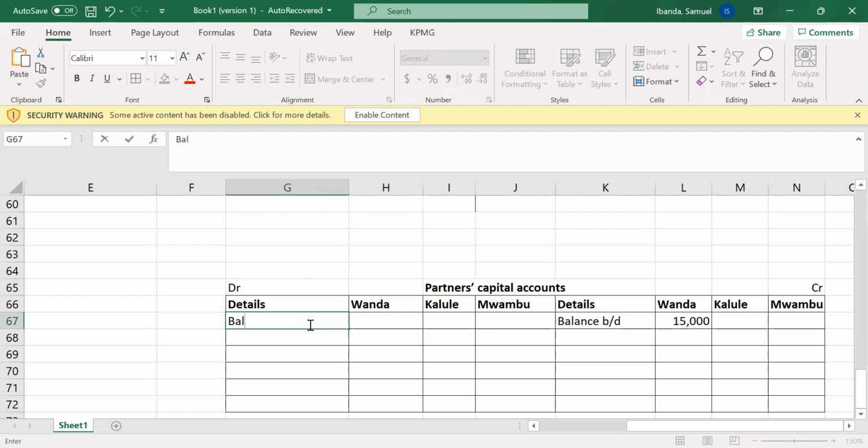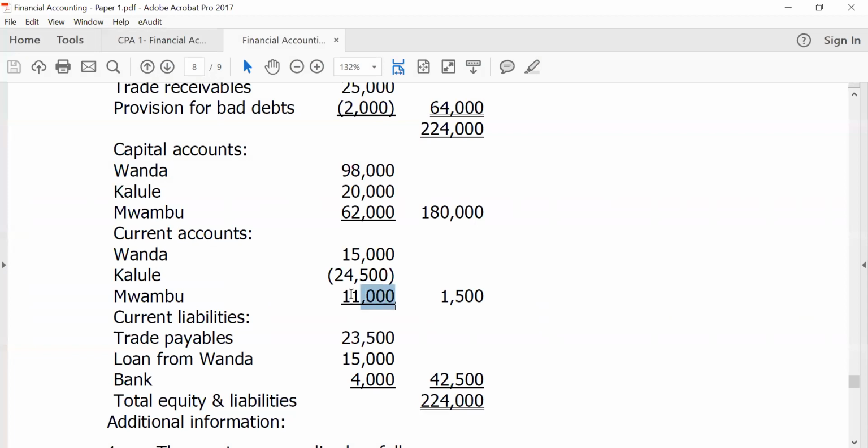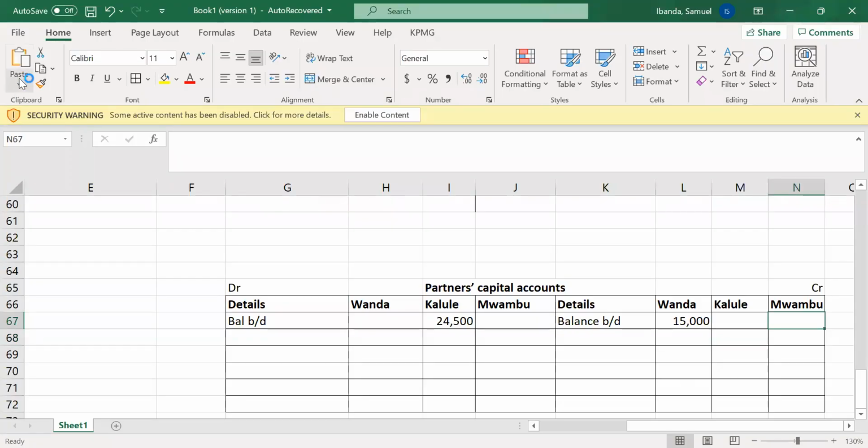So we also have balance brought down under Carole, we shall put it here, 24,500. Very similar to this, we shall come here and pick for Mwambo, which is 11,000, which I also take here, like that. That is what I'll do for the balances.